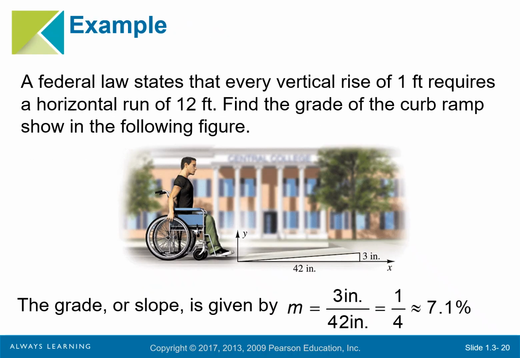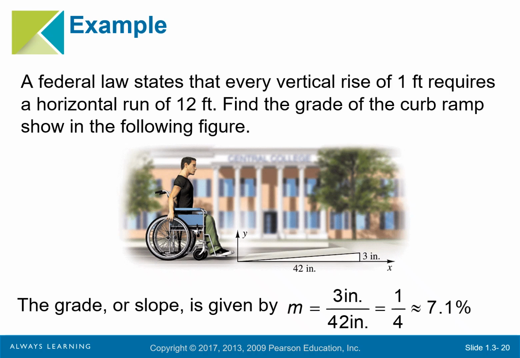And here's a really good graphic of that. Quite interestingly, federal law states that every vertical rise of 1 foot requires a horizontal run of 12 feet. So that is the maximum grade that you could get in any kind of incline. And if you wanted to find the grade of something, you would think, okay, a rise of 1 foot.